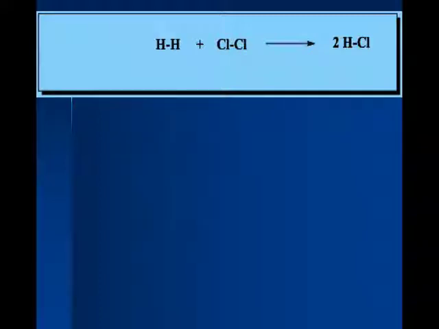This is a fun reaction that you can actually find on YouTube. It's a pretty good demonstration. I've never really been brave enough to try it. But basically what you do is you take a glass tube, maybe about an inch in diameter, and you fill that glass tube with a mixture of hydrogen gas and chlorine gas.